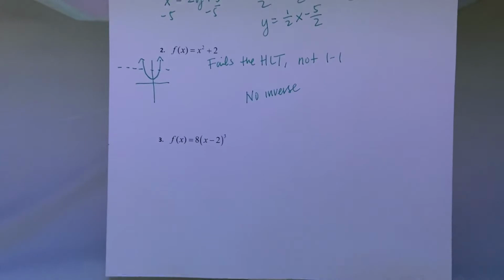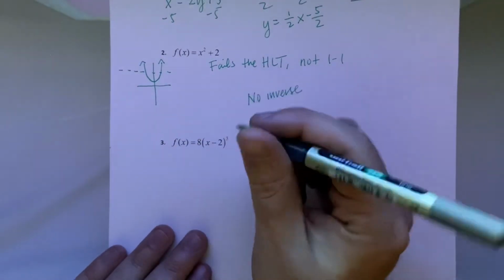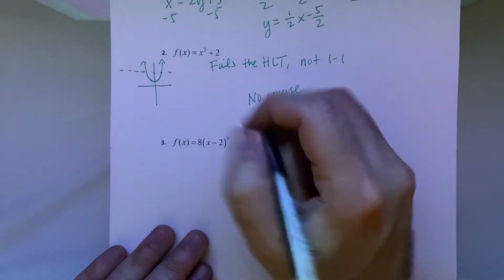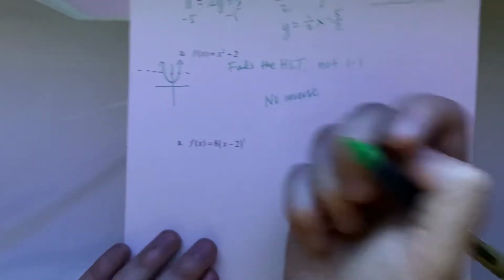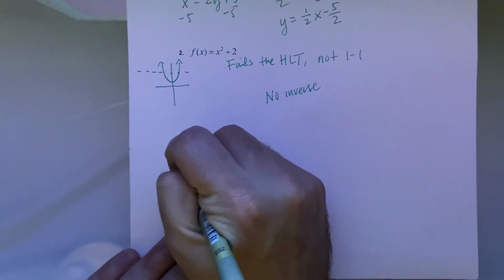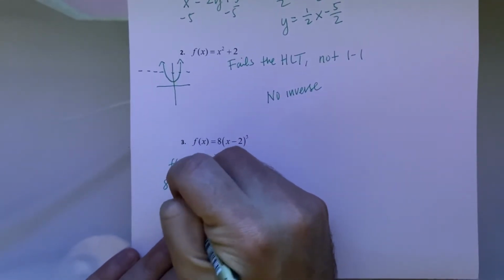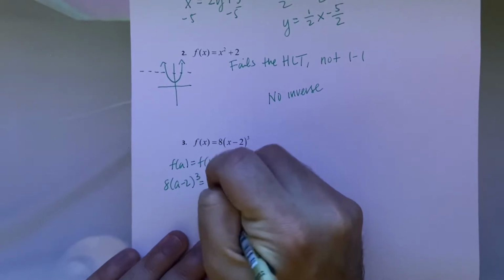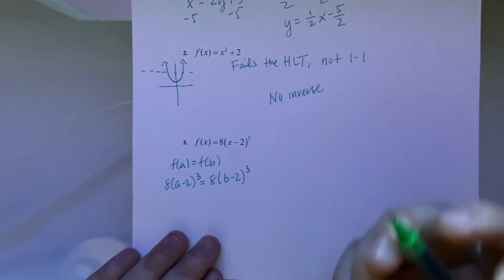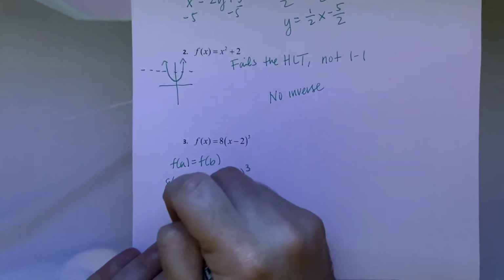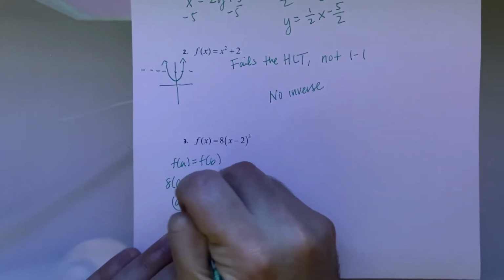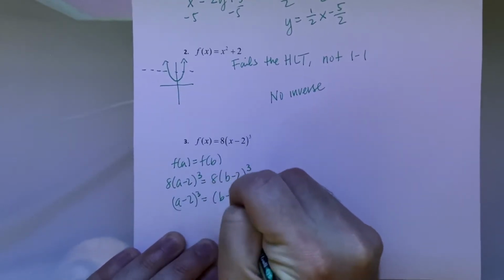f of x equals 8 times x minus 2 cubed. Okay, this is also constantly increasing. But if we want to use our other strategy, the f of a equals f of b strategy, the one we use for equations: 8 times a minus 2 cubed equals 8 times b minus 2 cubed. Divide by 8, so a minus 2 cubed equals b minus 2 cubed.